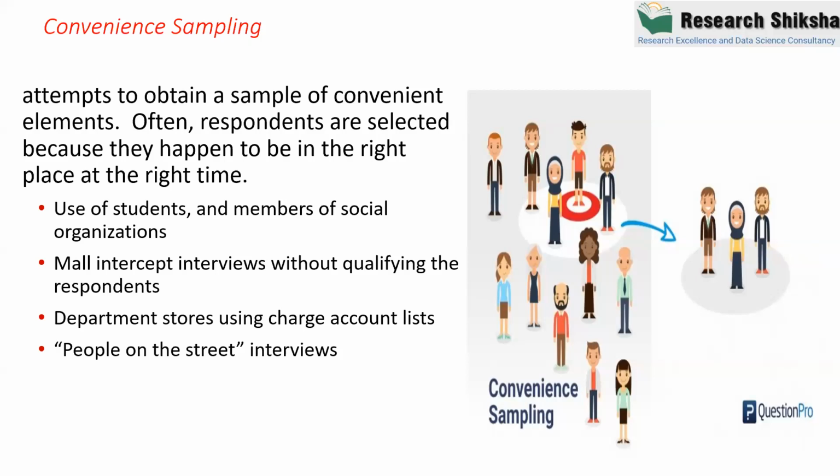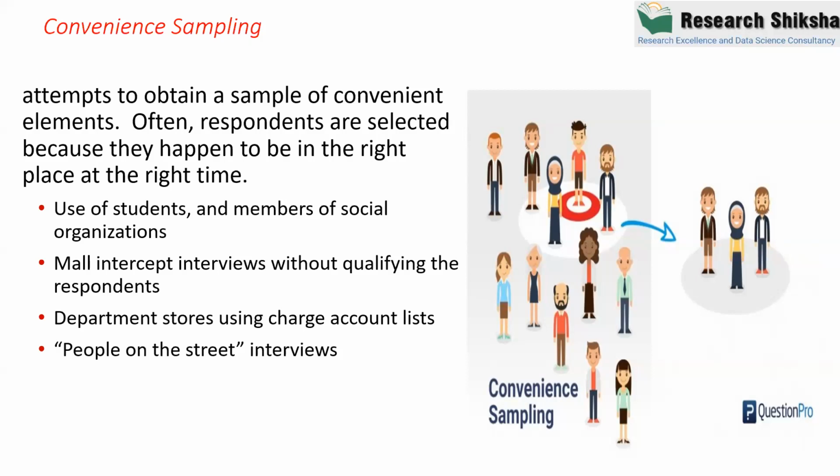It is not a recommended method of sampling. Why? Because convenience sampling may lead to a lot of bias in the data. There is a lot of bias in the data set if you go for convenience sampling. This is the problem of convenience sampling.